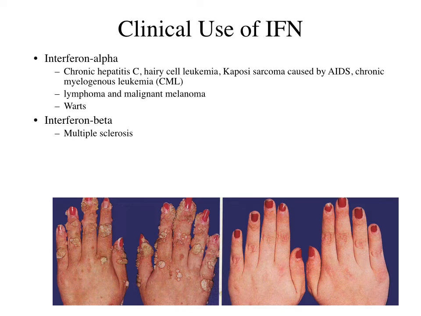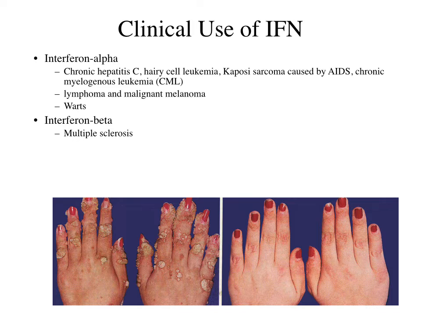Interferon was discovered more than 50 years ago. Initially, there was great hope that it would lead to treatment for viral infections. In general, however, it's been disappointing. Interferon alpha has been used to treat viral infections including chronic hepatitis C, hairy cell leukemia, Kaposi's sarcoma caused by HIV, and chronic myelogenous leukemia, or CML.